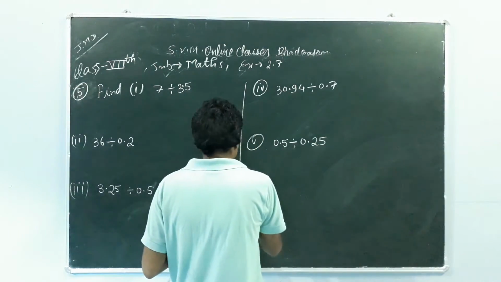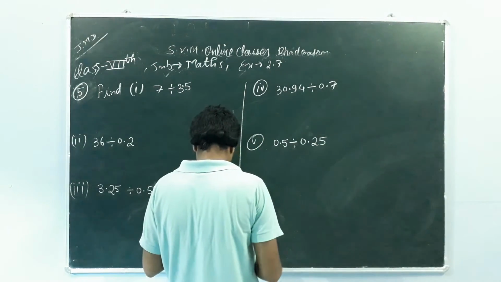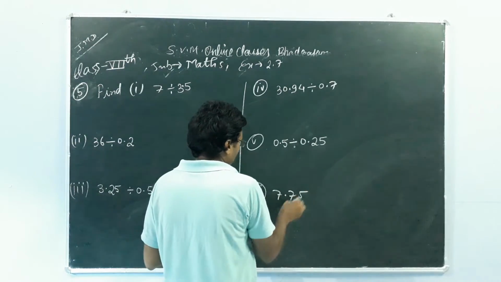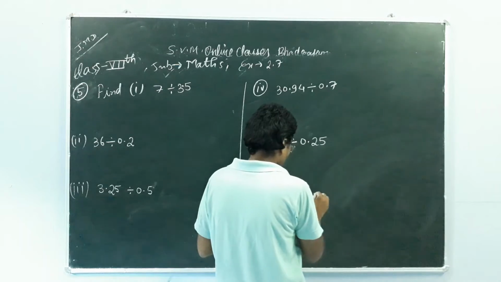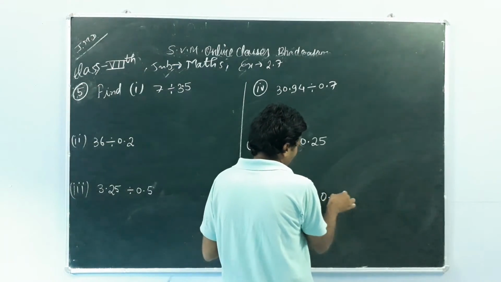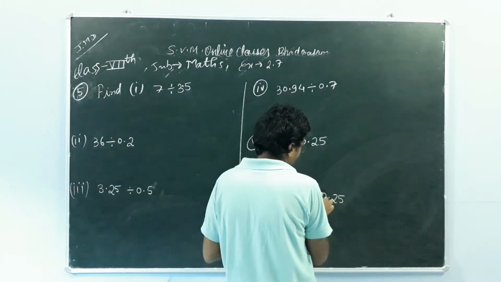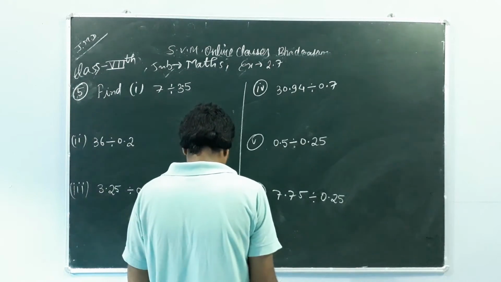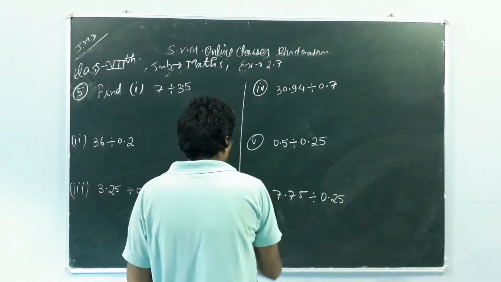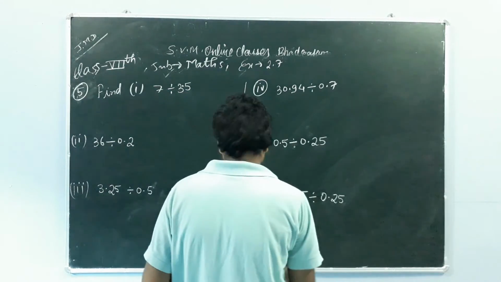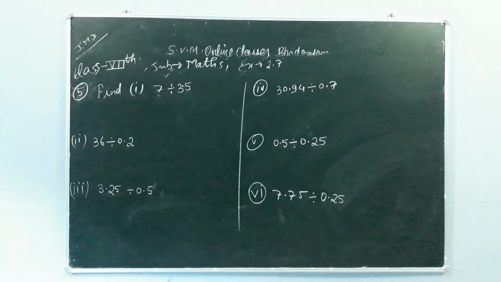Our sixth one is 7.75 divided by 0.25. I will write the seventh one after solving all these six parts.